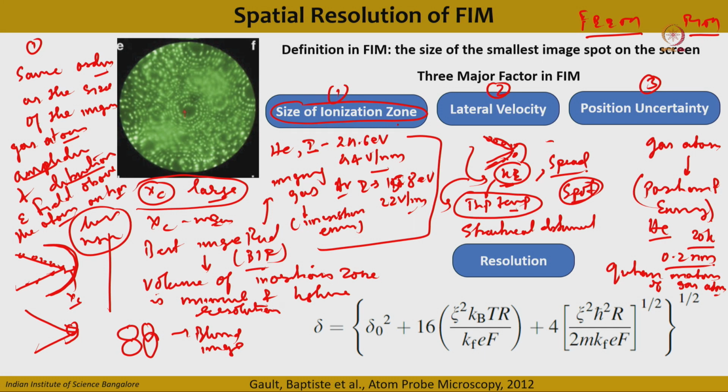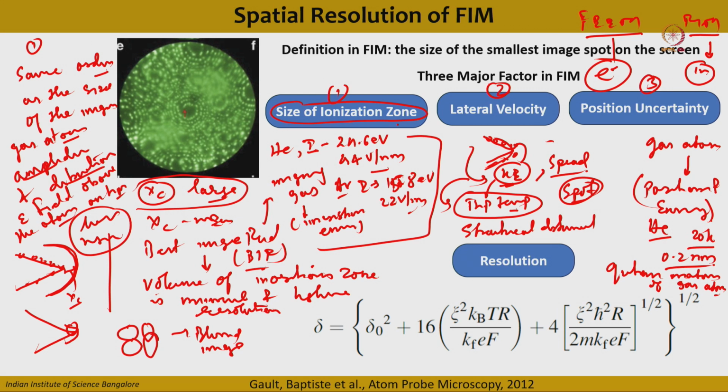The position uncertainty of the electron is much higher, but the position uncertainty of the heavier ion is much less. So the fluctuation or the spread due to the position uncertainty of the electron will be very high, but for the ion it will be much less. So you are able to resolve atoms by using imaging gas ions.